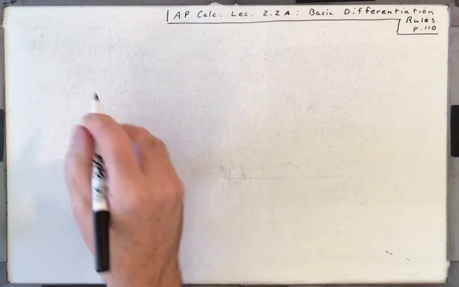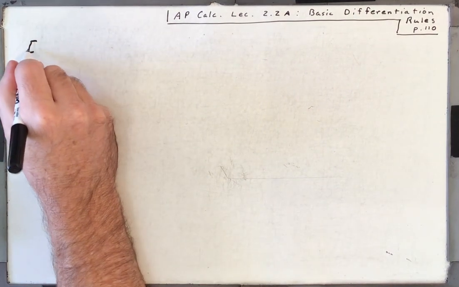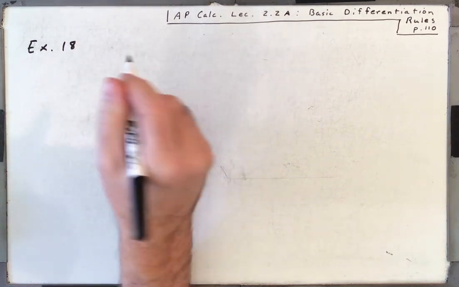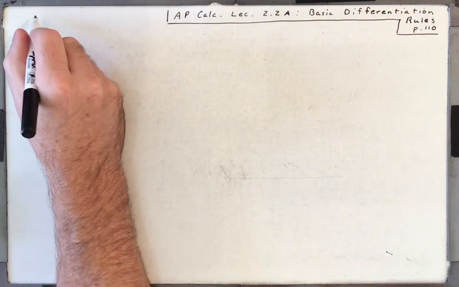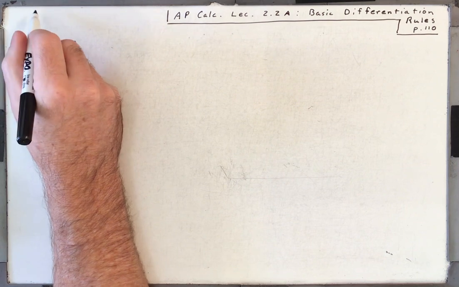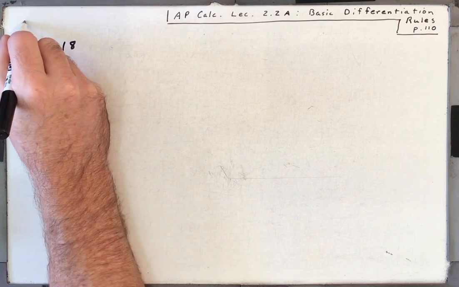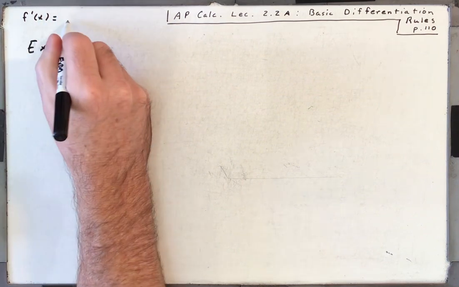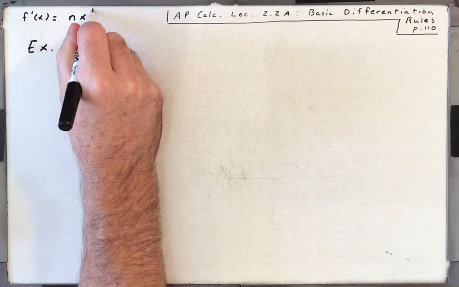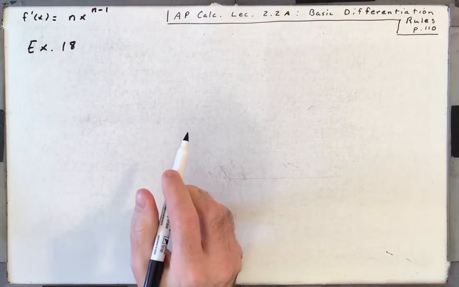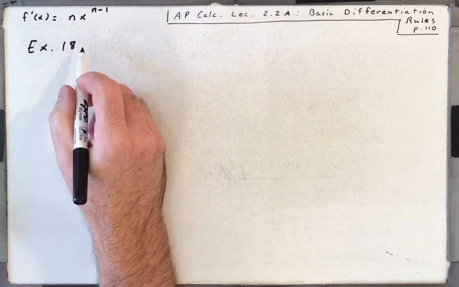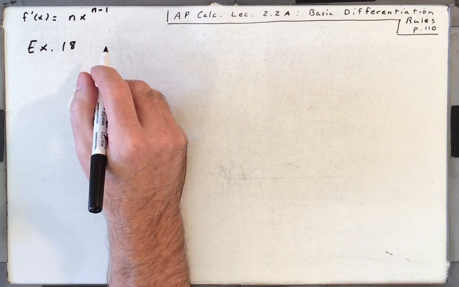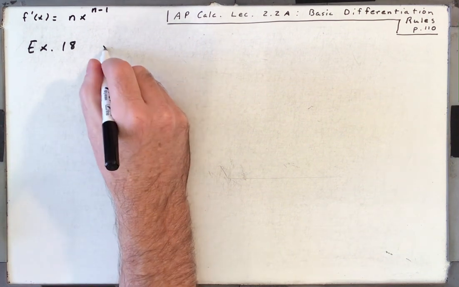All right, example 18. Okay, we have, and remember the power rule is f prime of x is equal to n times x to the n minus 1. Okay, so example 18, we have y is equal to 2 over 3x squared.